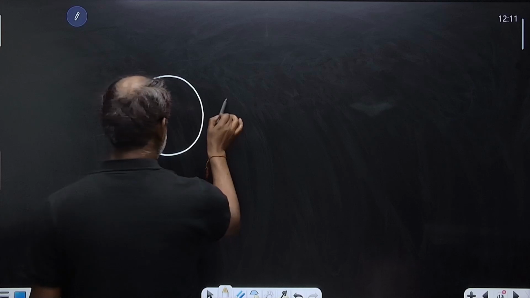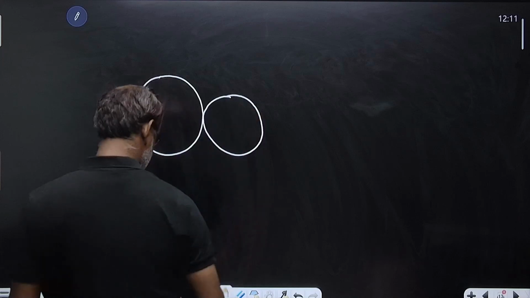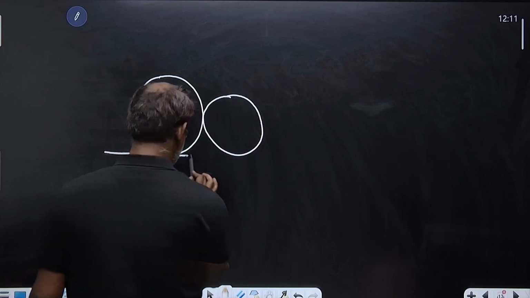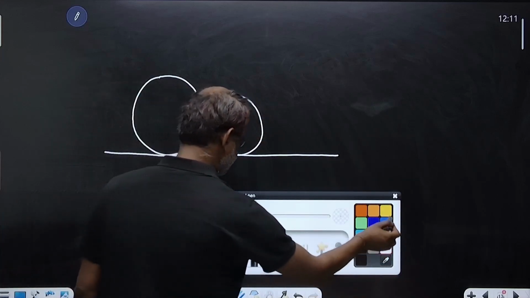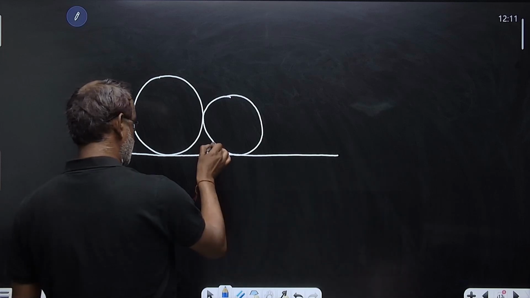Suppose you have two circles like this. And we have their direct common tangent. And so this is a smaller circle.